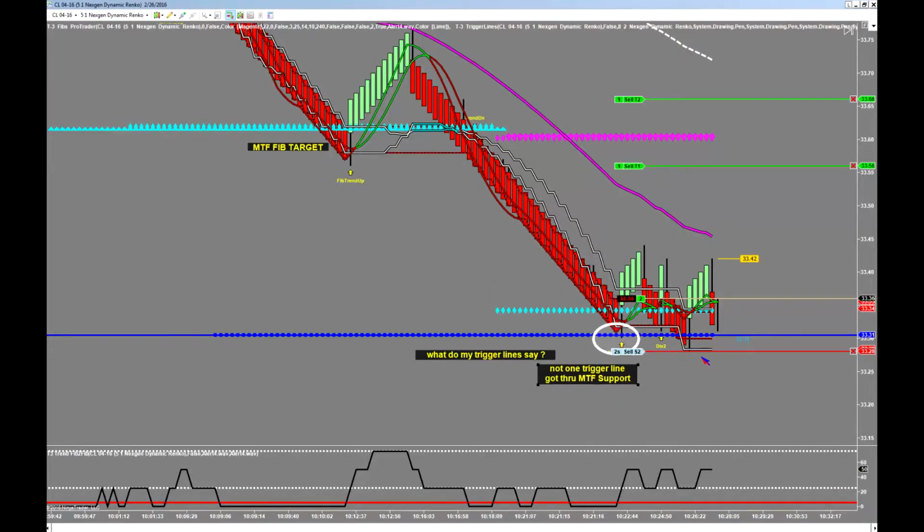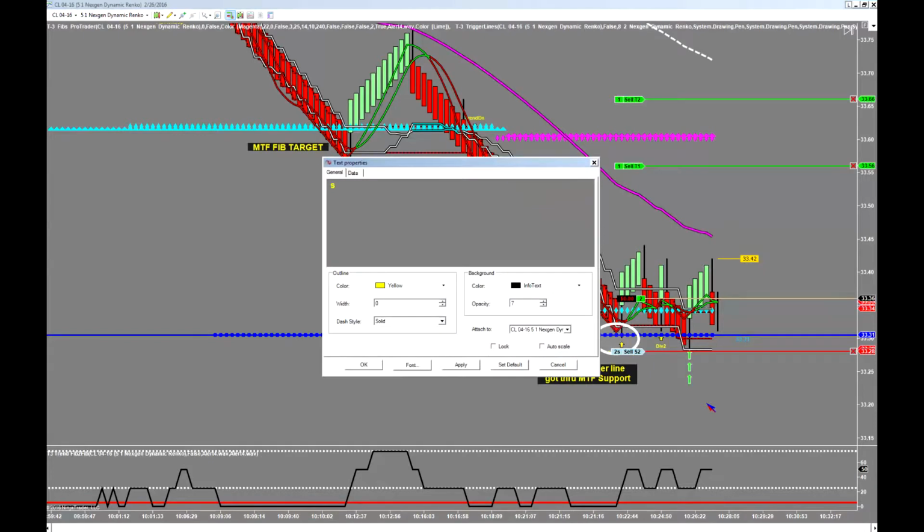I wish it was close enough that I could copy paste that, but I'll just write it out again. Multiple time frame support and triggers above support plus divergence.